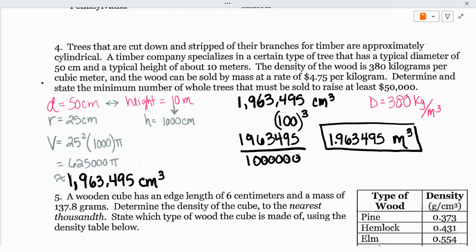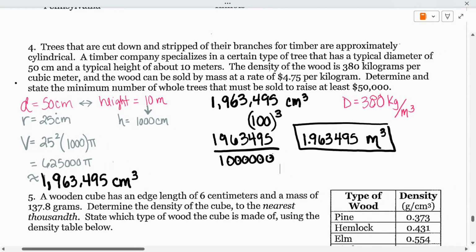Okay. So we know that the density is what? So I'm going to take 1.96345 times 380 to figure out the mass of one tree.